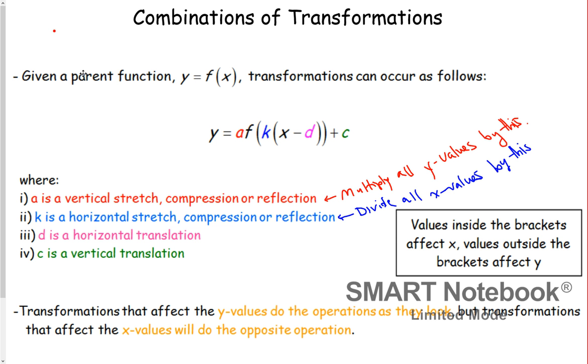Things that are outside the brackets affect your y values. So A and C, because they're outside of the brackets, affect your y values. K and D, because they're inside the brackets, affect your x values.